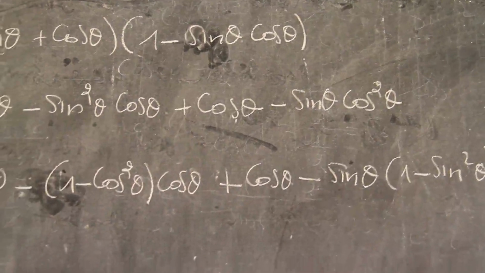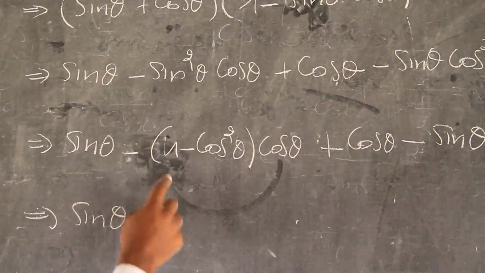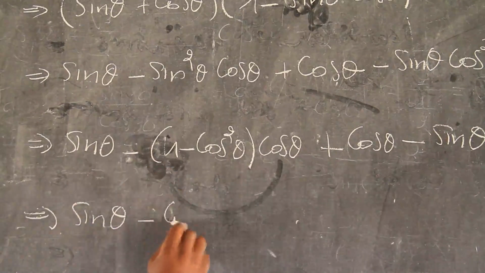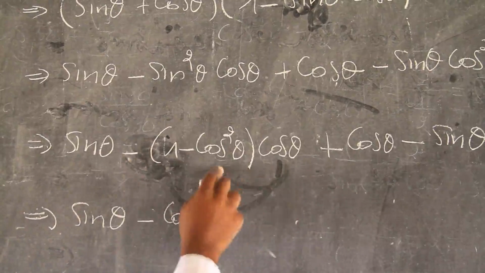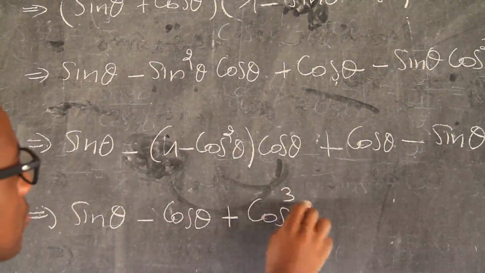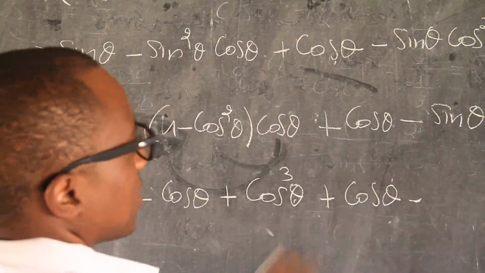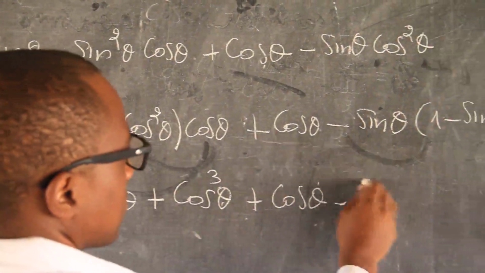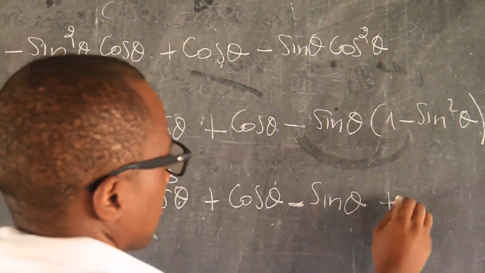So make the product again: sine minus sine cos squared plus cos cubed, plus cos minus sine squared cos plus sine cubed.